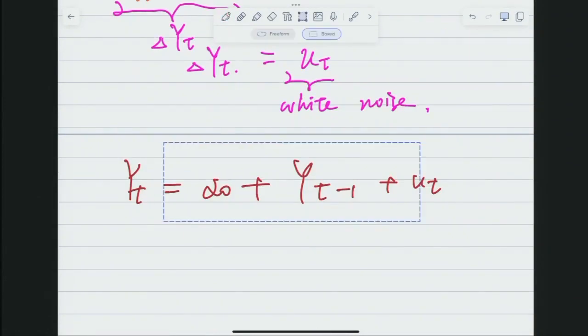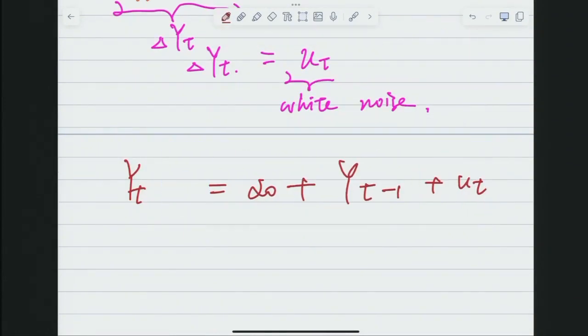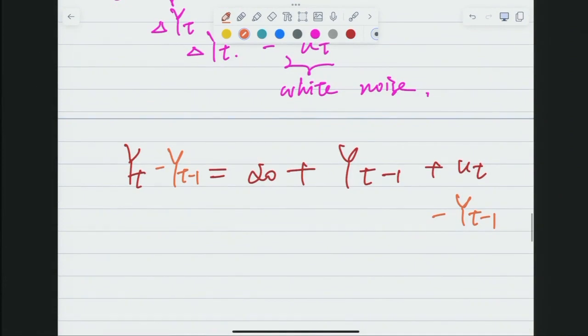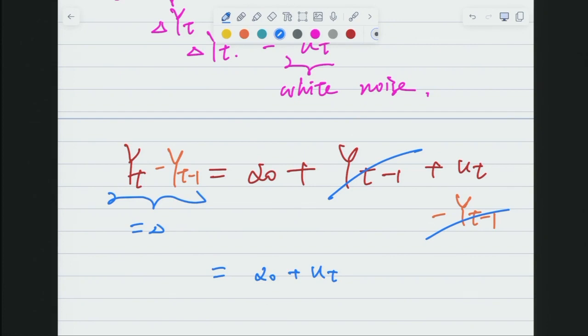As long as we take the first difference, essentially subtracting y_{t-1} on both sides, on the right-hand side the common y_{t-1} term cancels out. What is left is just alpha naught plus u_t. The left side is our first difference. So the first difference of y is stationary because it only depends on the shock u, which is stationary.